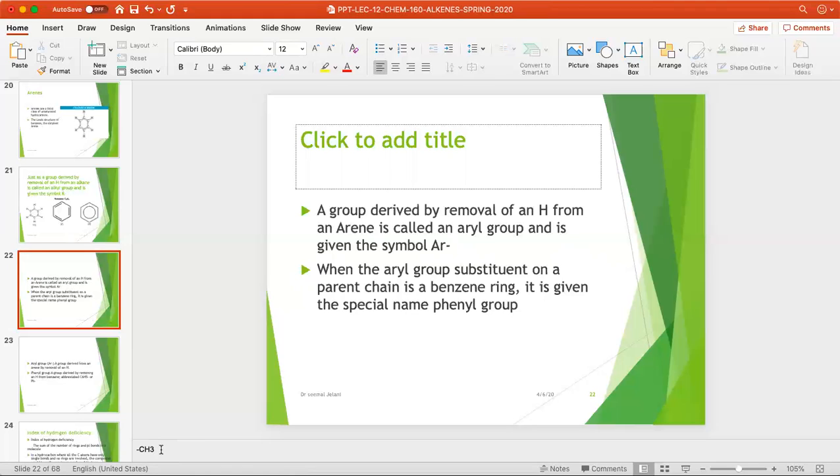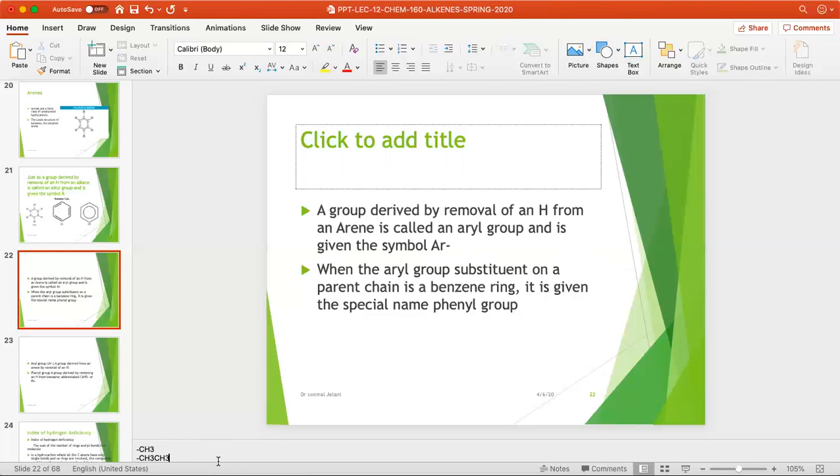If we go to the next, for example, CH3 CH3. This is ethane. And when we remove one hydrogen from ethane, it will become CH3CH2.